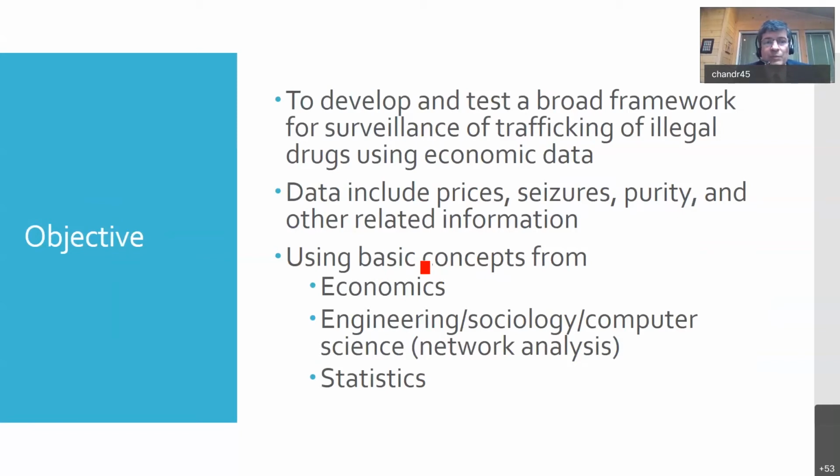The data that we've focused on include prices, seizures, purity, and other kinds of related information. And we're going to use basic concepts from economics, an area of analysis called network analysis that straddles multiple disciplines, including engineering, sociology, computer science, and statistics.